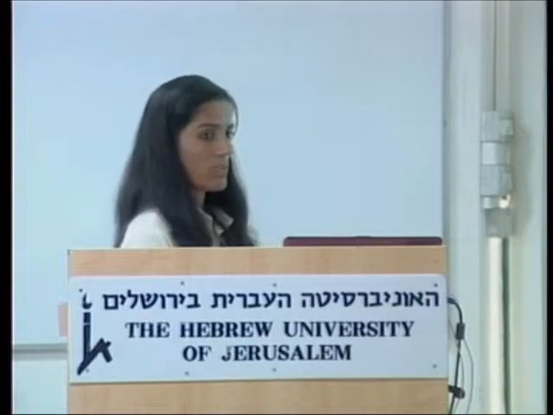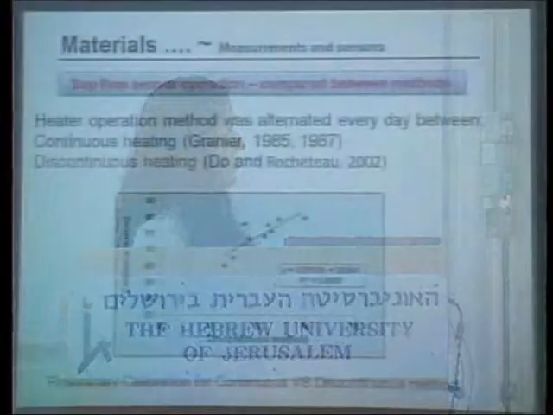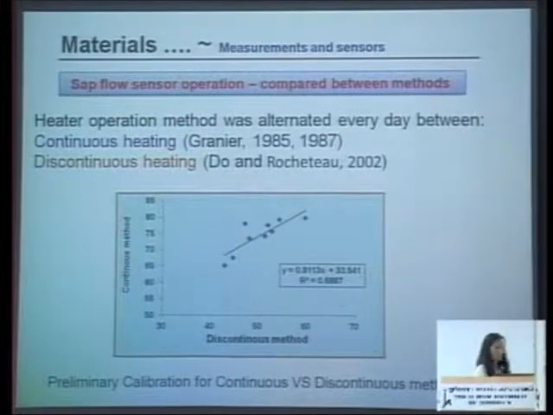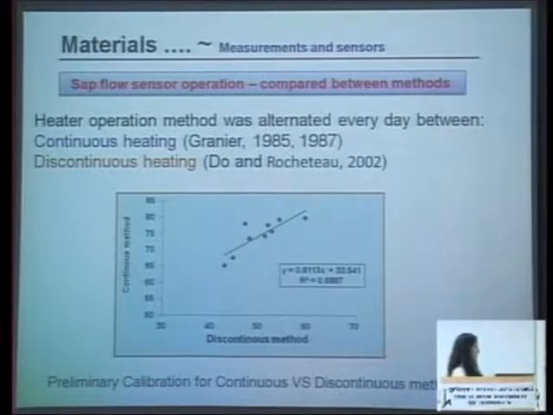But this type of measurement was done in our lab and in nectarine for the first time, and we did not have any calibration factor because we got different results from the two methods, so we tried to find out the calibration factor for nectarine between the two methods.